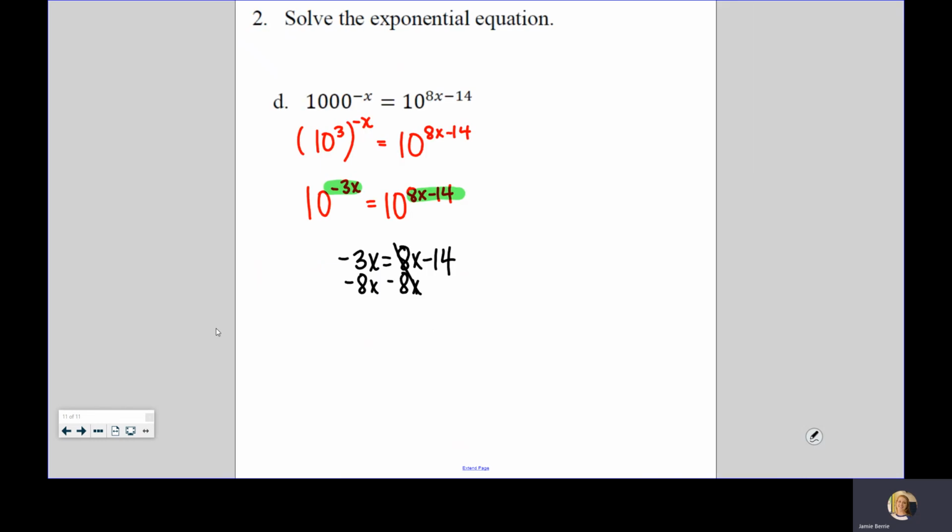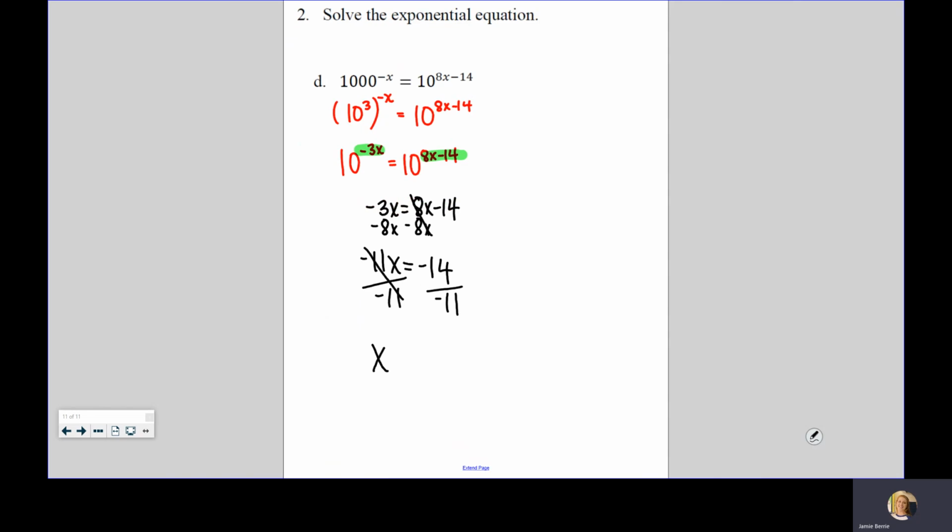Sometimes we get weird answers on these, that's okay. Divide both sides by negative 11. So you get x equals 14 over 11. And why is it positive? Yeah, you have the double negative there.